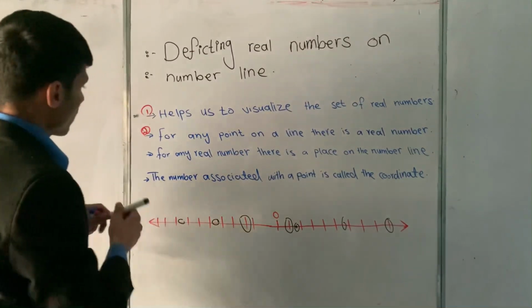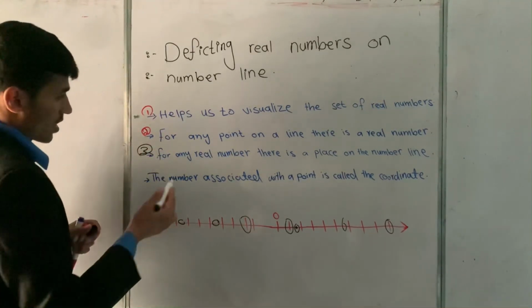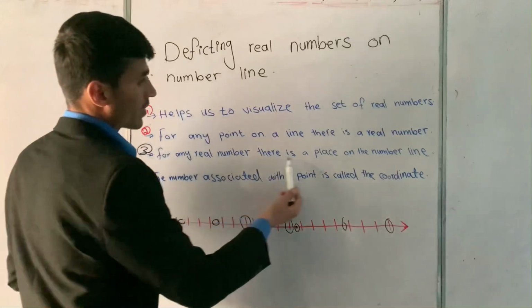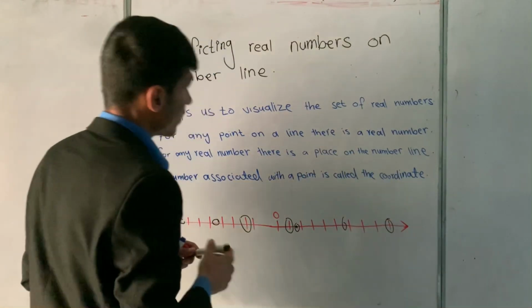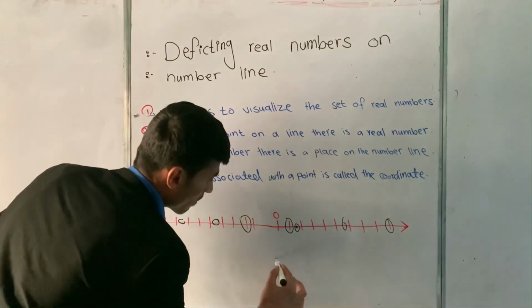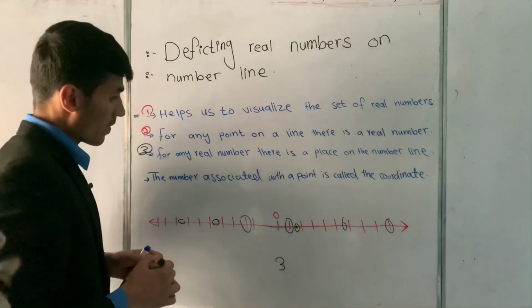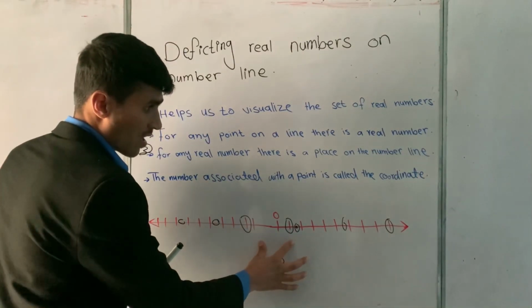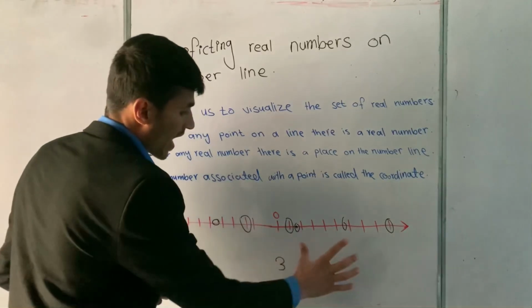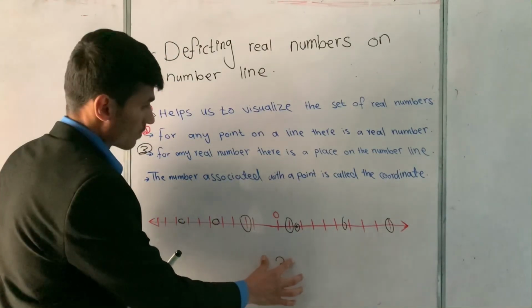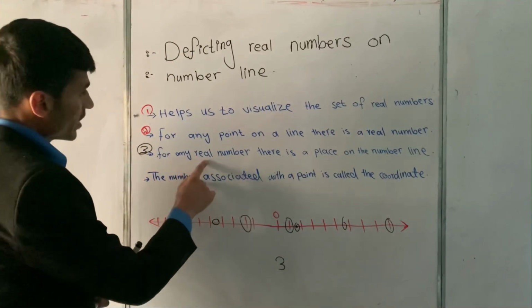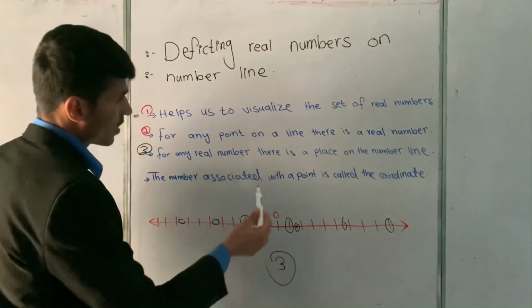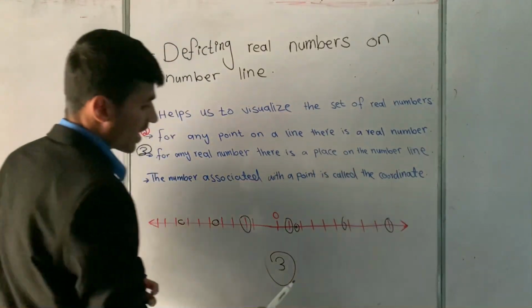And the third step, look at here. For any real number, there is a place on the number line. If I write number 3, there is a specific place on the number line for this digit. What I said: for any real number, there is a place on the number line.